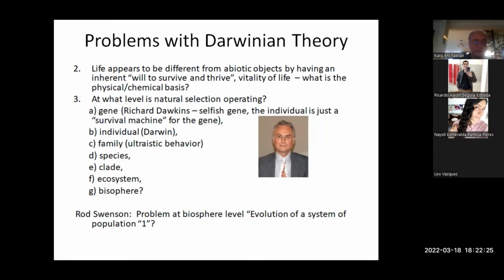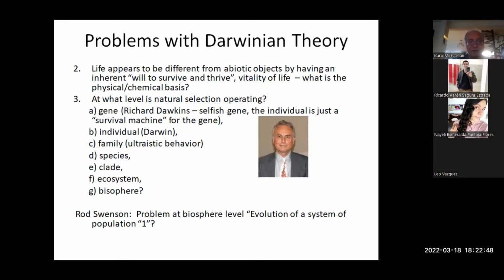But as you go up in these levels of the ecosystem, then you start to get problems with Darwinian theory, because, for example, when you get to an ecosystem, you don't really have two ecosystems competing one against the other, and then selecting the ecosystem which is better adapted. Certainly not at the biosphere.